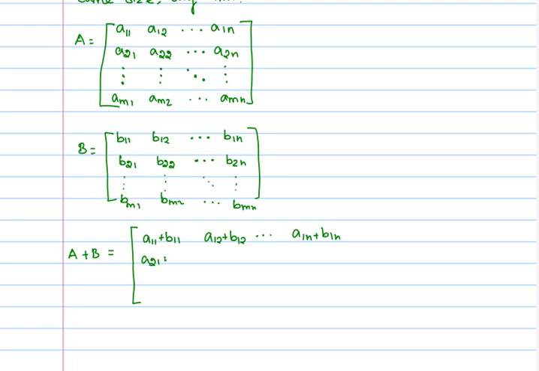Similarly, A21 plus B21, A22 plus B22, A2n plus B2n. So I am adding the corresponding entries. This is only possible if both have the same size, otherwise it is impossible.